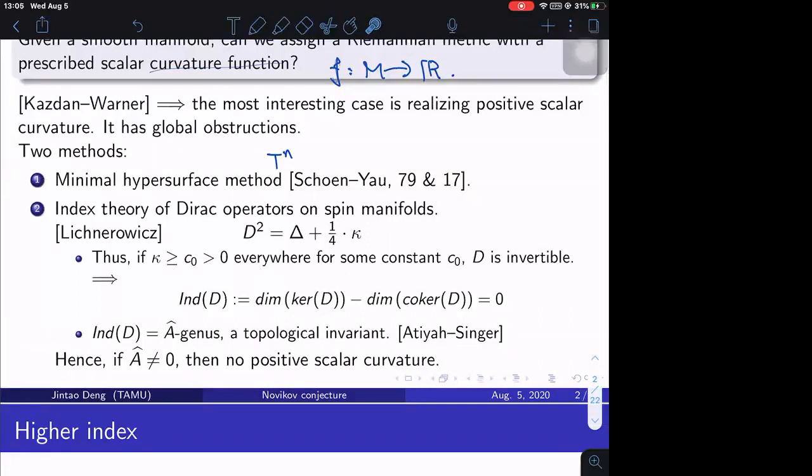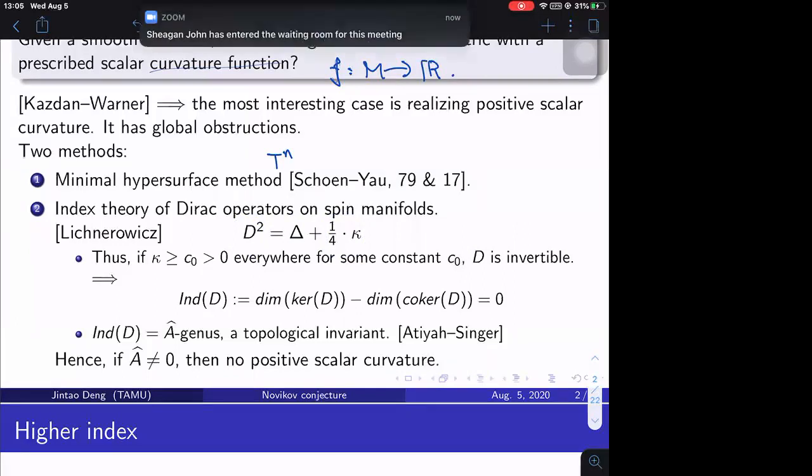So if we assume the scalar function is bigger than some positive constant everywhere, then D is invertible, because the Laplacian is a positive operator, plus you can view the scalar term as a positive multiplication operator. So it gives you that D squared is invertible, and as a result D is also invertible.